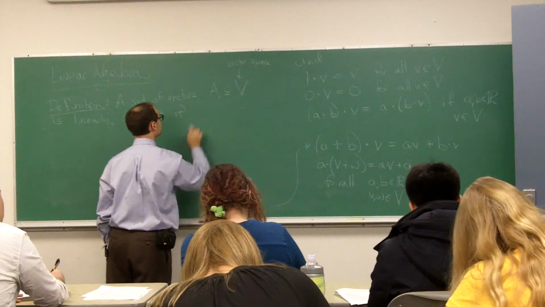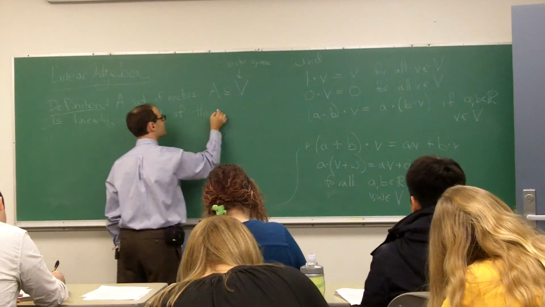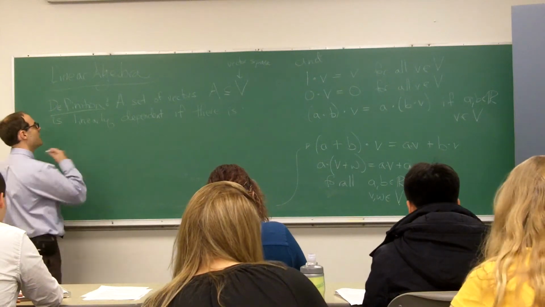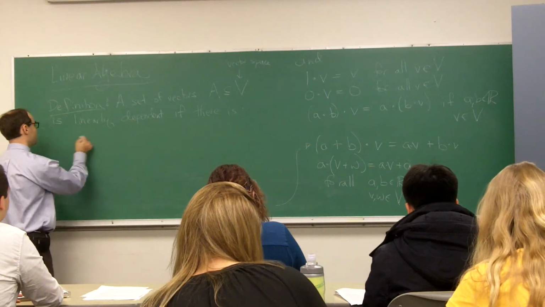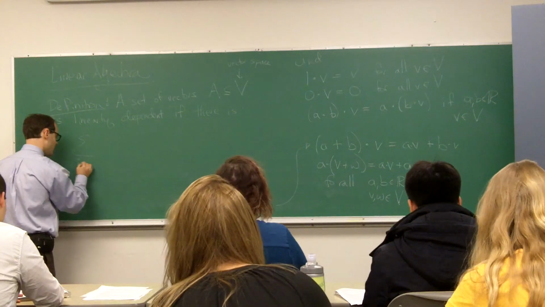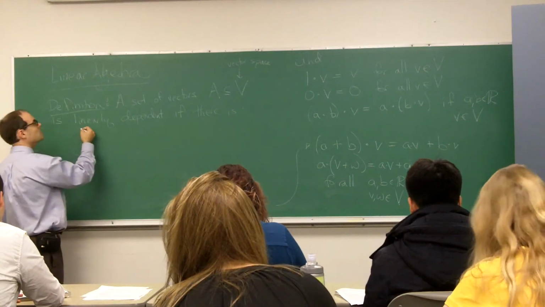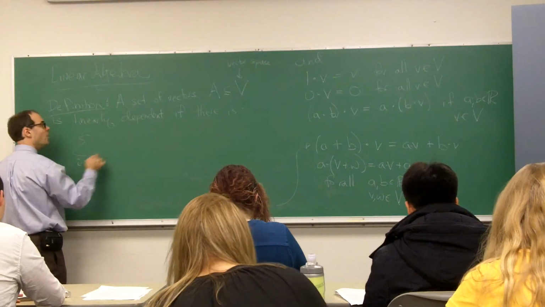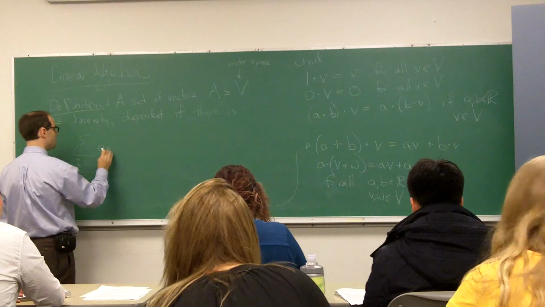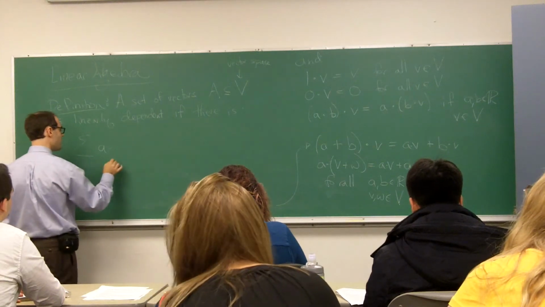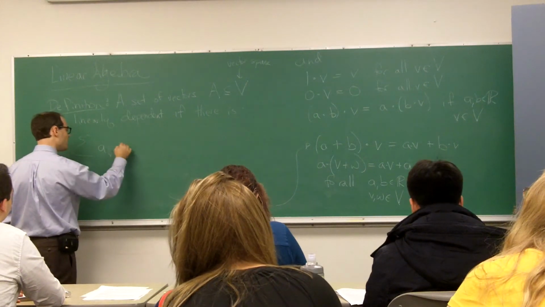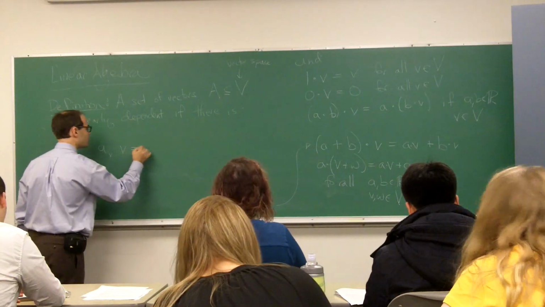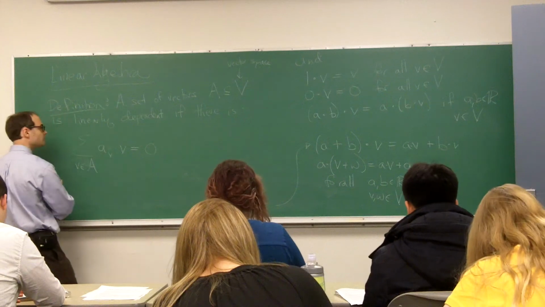If there is some way of writing a linear combination that wipes the whole thing out. If the sum, let me just index over v. Let me say a sub v times v, where v is in my set capital A, is equal to 0.